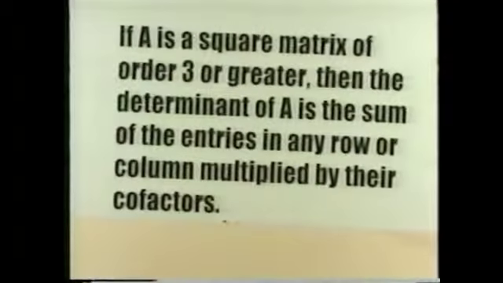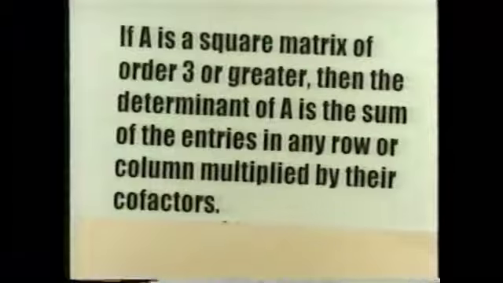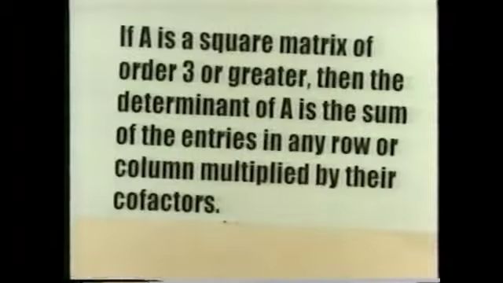So this is one way of evaluating a square matrix. If it's of order 2, then of course you just do the main diagonal minus the other diagonal.